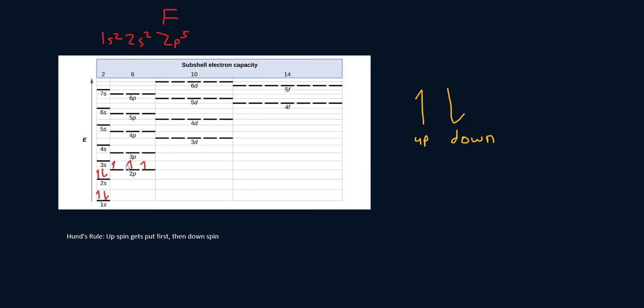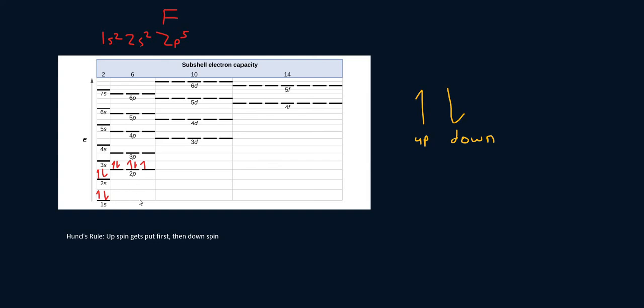And now I've got 2 electrons left, and now I can start going back and putting in the downspun. 1, 2. So that gives me a total of 5 in the 2p orbital. So now we've got 2, 4, 6, 8, 9. 9 total electrons, which matches the electron configuration of fluorine.